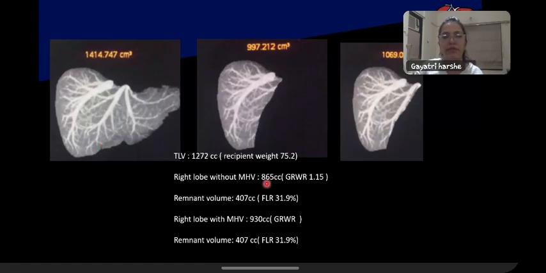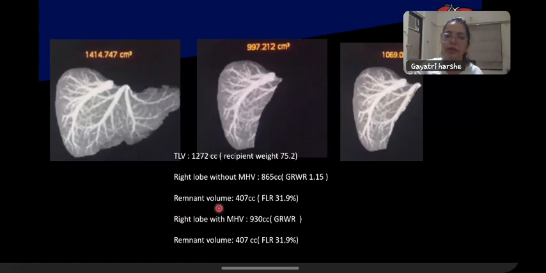Here in this case it is 865, and as I said, graft GRWR is taken into account in respect to the recipient's weight. So 865 divided by the recipient's weight, 750, with 10 as the factor they have taken, that is the expected GRWR, that is 1.15.